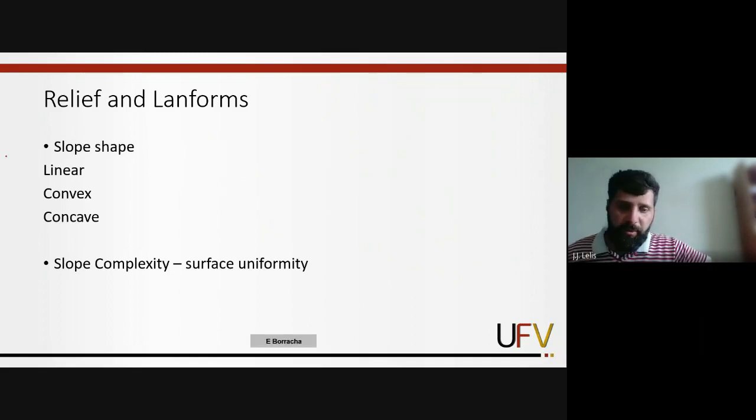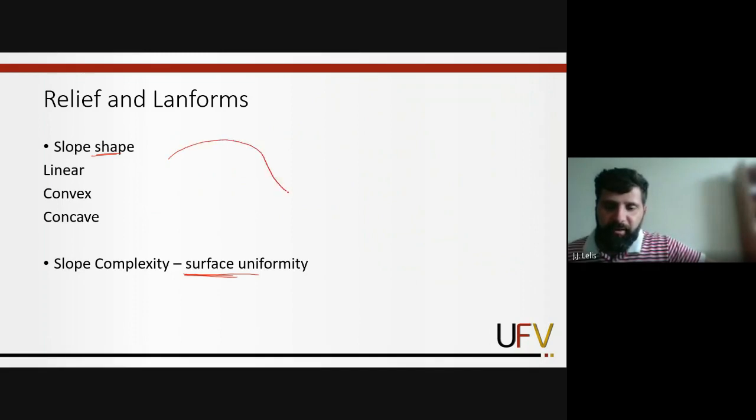And also we can find a surface that is uniform, that only has one shape, or we also can find two or more shapes. So I can find some slopes that have a convex and a concave shape at the same time.